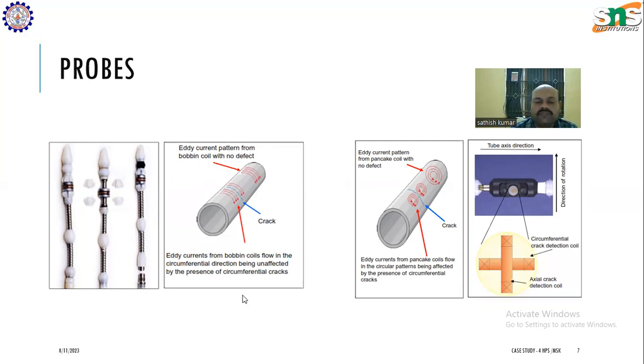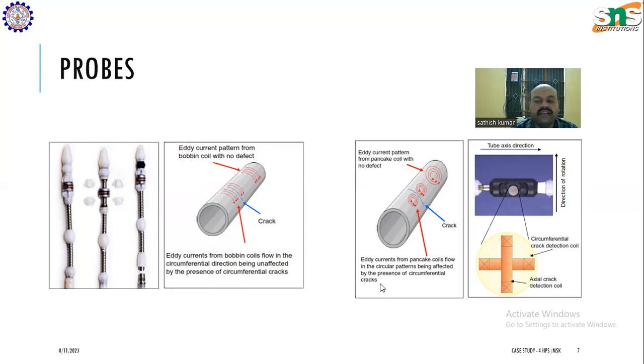Eddy currents from bobbin coils flow in the circumferential direction, being affected by the presence of axial cracks. Eddy currents from pancake coils flow in a circular pattern, being affected by the presence of circumferential cracks.